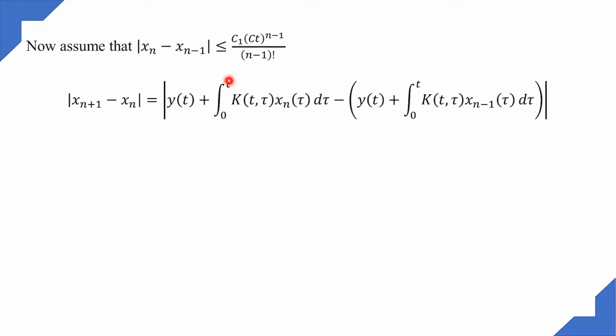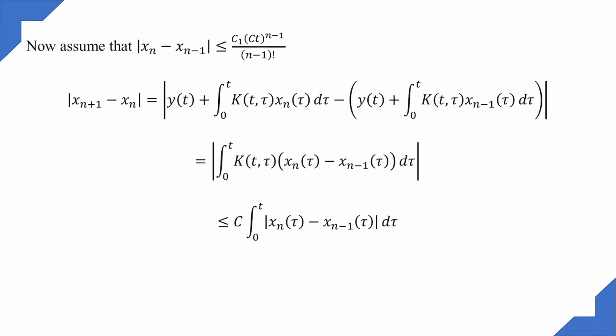Both integrations have the same limit 0 to t, so we can combine them. Then what we have is the integral from 0 to t of k(t, τ) times xn(τ) minus x(n-1)(τ) dτ. So this is less than or equal to, again, the absolute value of k(t, τ) is less than or equal to c.